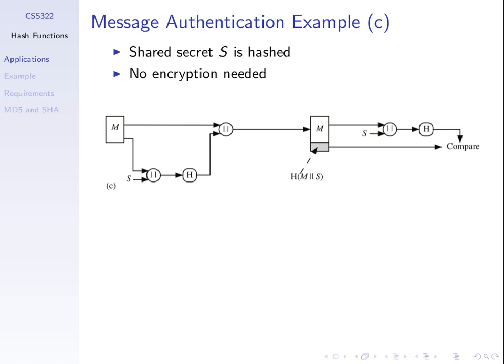B receives this, B has the message, and B now checks whether it came from A. How do they check?